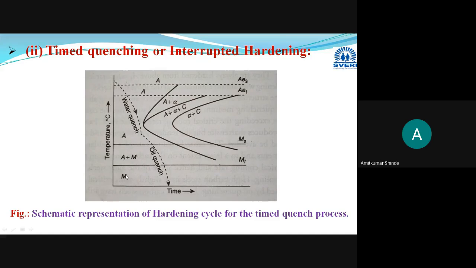Austenite is at higher temperature, and at room temperature martensite is needed, but some amount of austenite, 5%, 10%, or 20%, sometimes 30, 40%, remains as it is, meaning it does not get transformed to martensite. It will be termed as retained austenite.